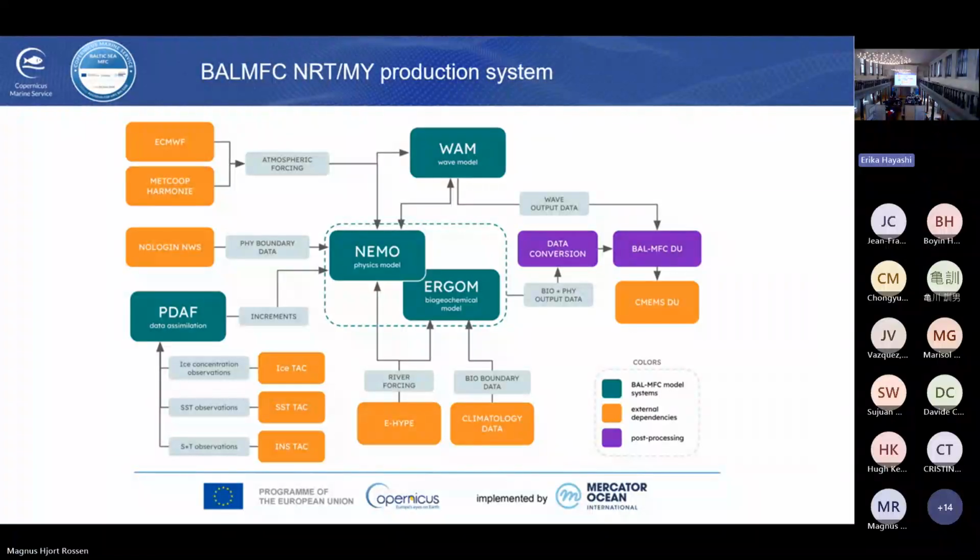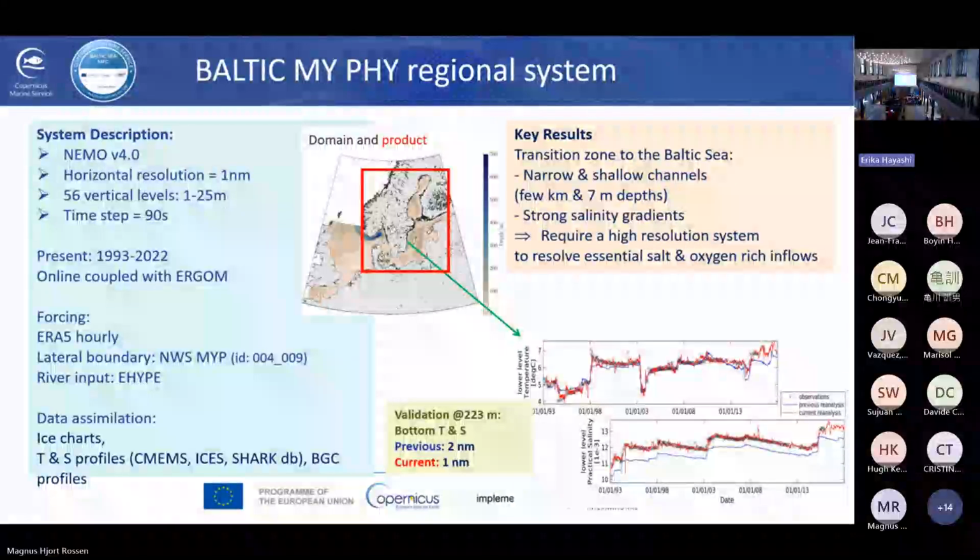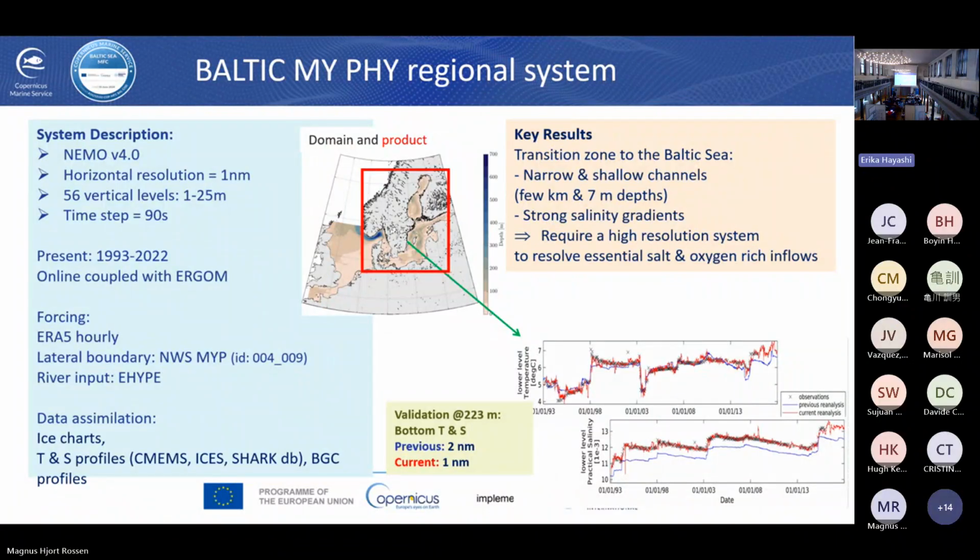For the reanalysis system, it comes from ERA5, and the boundary conditions, in our case, come from the Northwest Shelf reanalysis, and for the near real-time system, from the Northwest Shelf near real-time system. The modeling components and data assimilation components are identical in both systems. So here's the area that we model, and in the red box, you can see our product area.